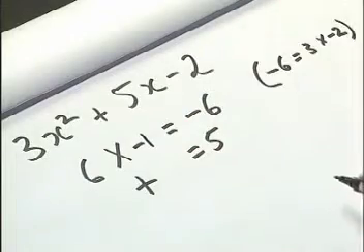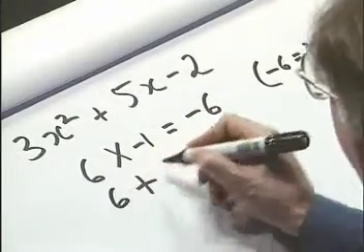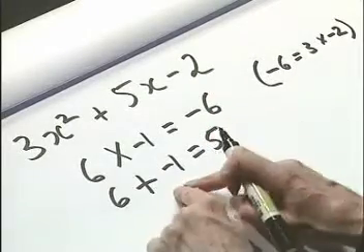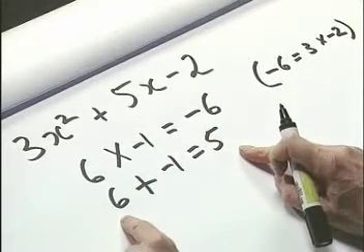Well, 3 times 2 would give us plus 6. Minus 3 times minus 2 would also give us plus 6, so that's not good. 6 and 1. Well, if we could have 6 times minus 1, that would give us minus 6, and 6 add minus 1 would give us 5. So this looks like the combination that we want.